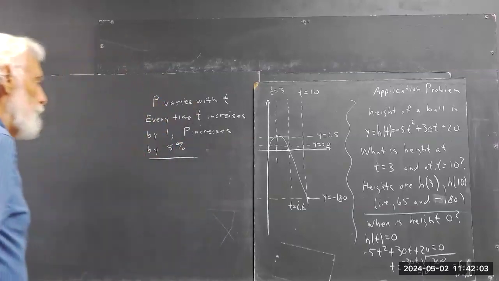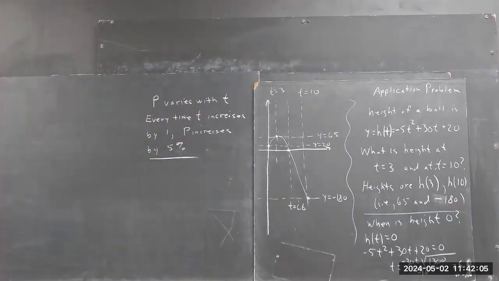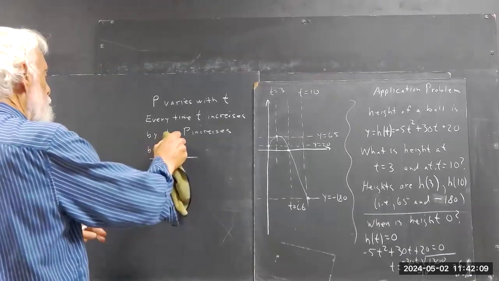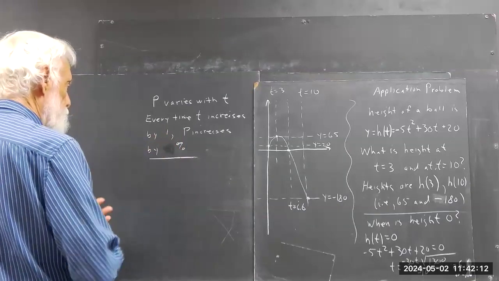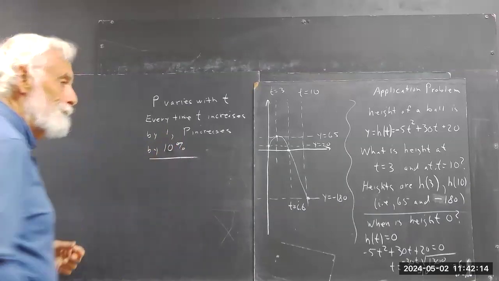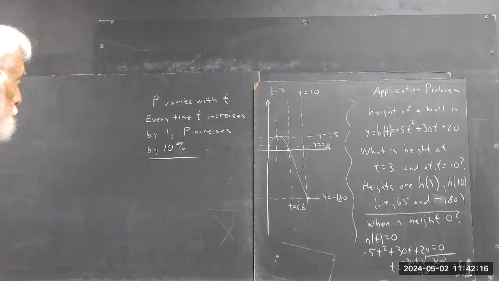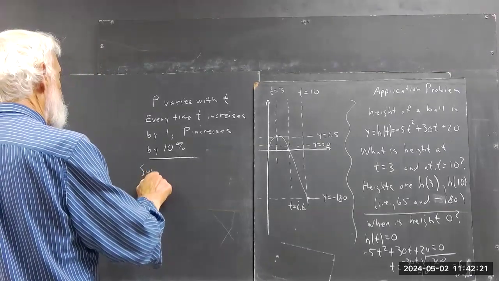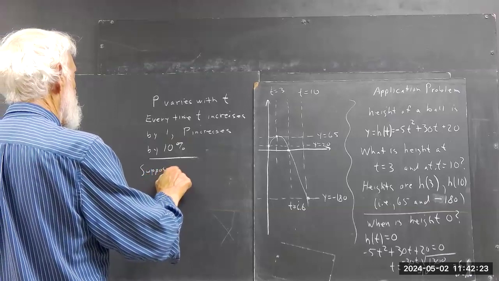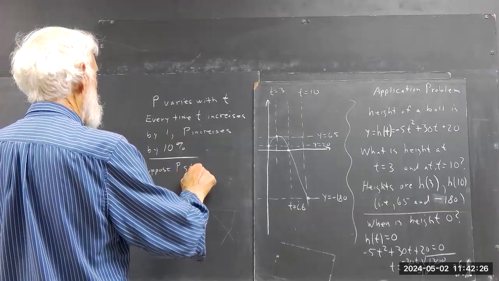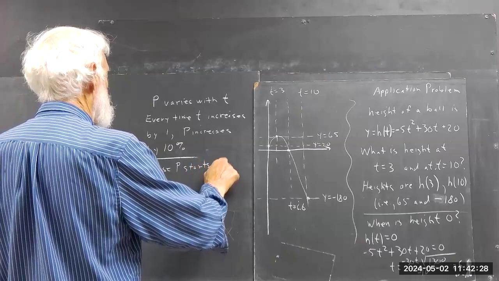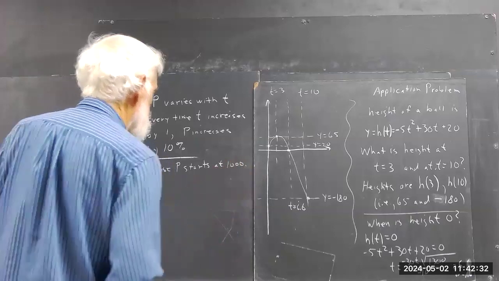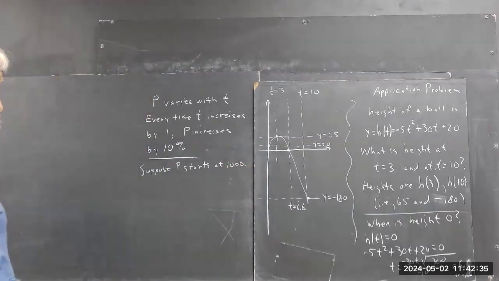Every time t increases by 1, P increases by 5%. And let's not say 5%. I like to use 10% because it's easy to do 10%. Suppose P starts at 1,000.